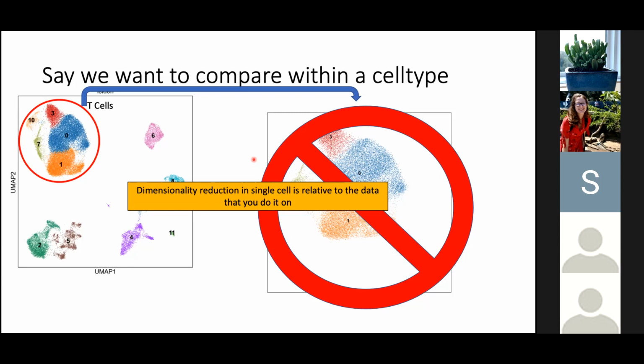basically the way I think about it is if you have 10,000 cells of type A and 1,000 cells of type B, you're going to get more clusters in cell type A than in cell type B. That doesn't mean that cell type A has more sub-cell types. It means that you have more of that cell type.